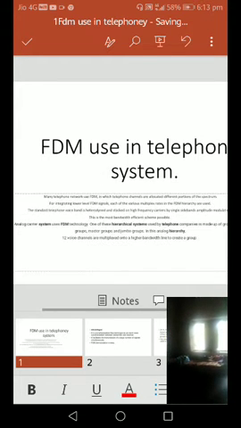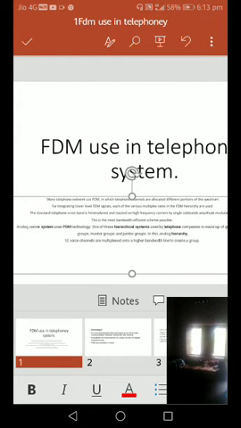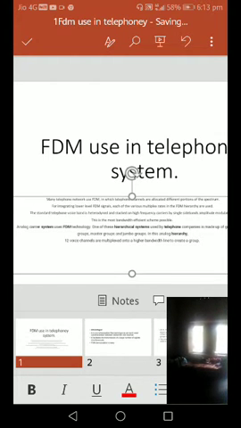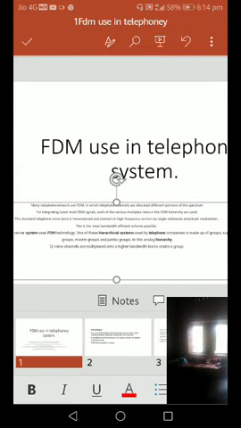In standard telephony, voice band signals are stacked on a high frequency carrier by single sideband amplitude modulation.